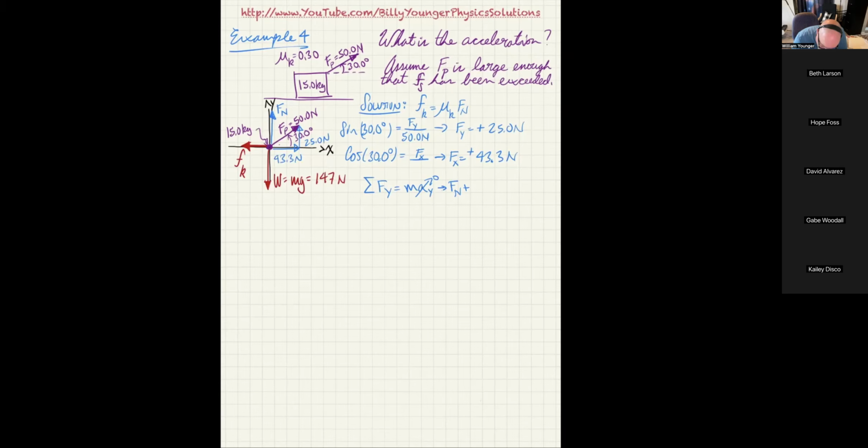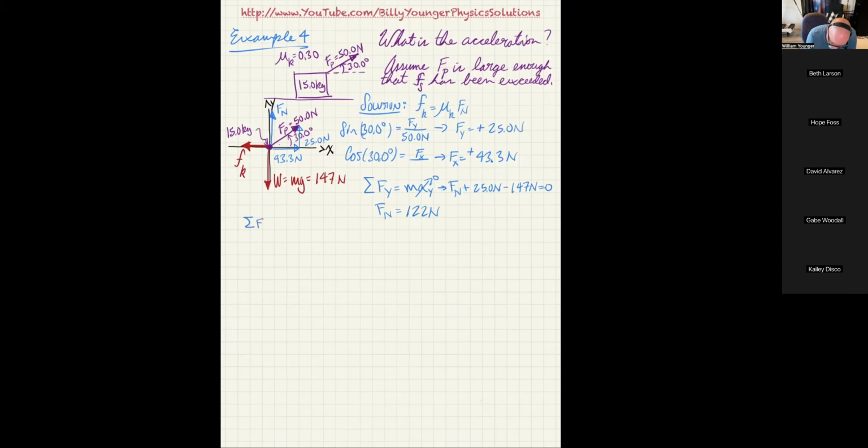So that's going to be F normal plus 25.0 newtons minus 147 newtons is equal to zero, and that tells us that the normal force is 147 minus 25 newtons. So 147 minus 5 is 142, and minus 20 is 122. So the normal force is 122 newtons.